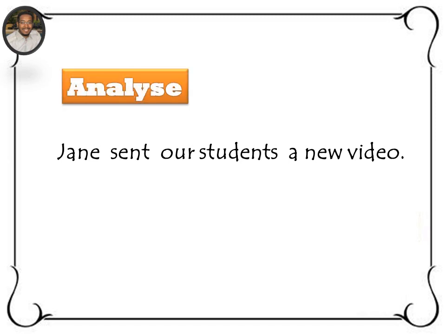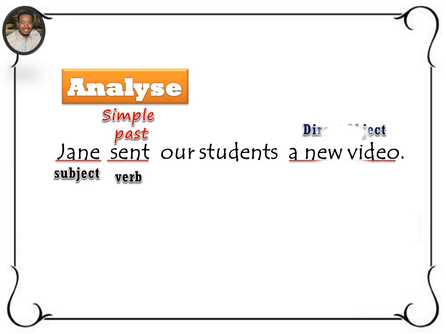We have the subject, the verb sent, and it's in simple past, a direct object which is a new video, and an indirect object which is our students. Always start this way. It is safe.